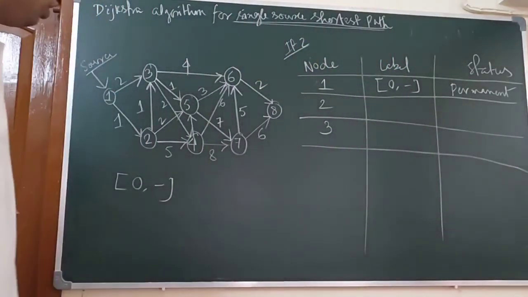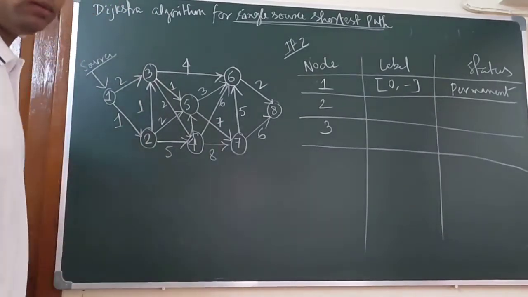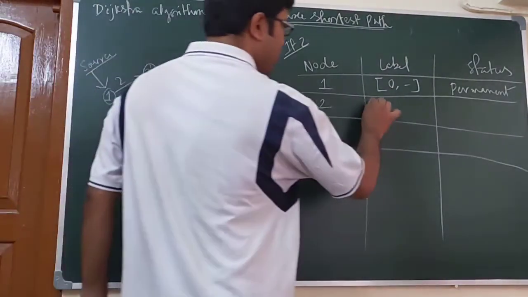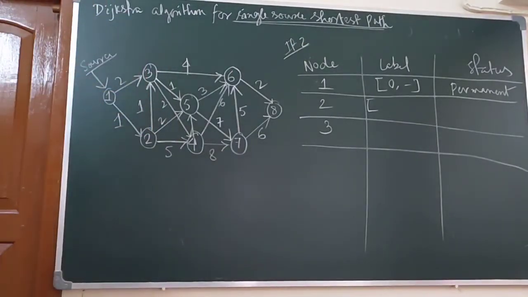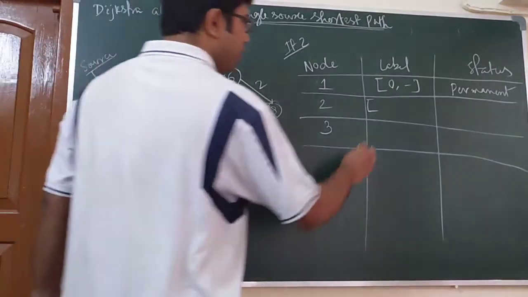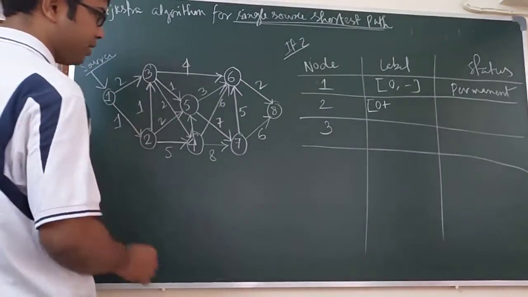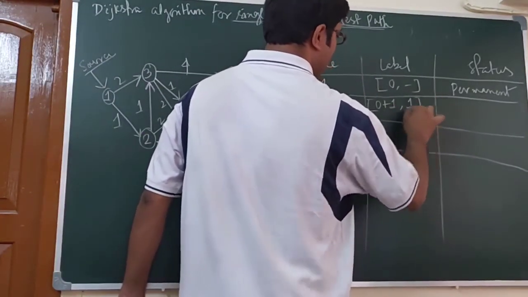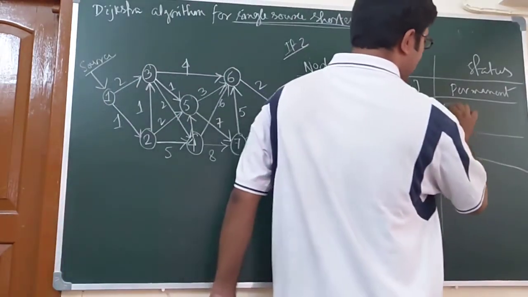For node 2, what will be the appropriate level? Node 2 is accessed directly from the first node, so 0 plus the distance 1, giving 1, accessed from node 1.